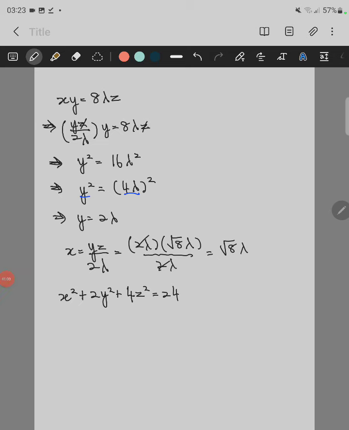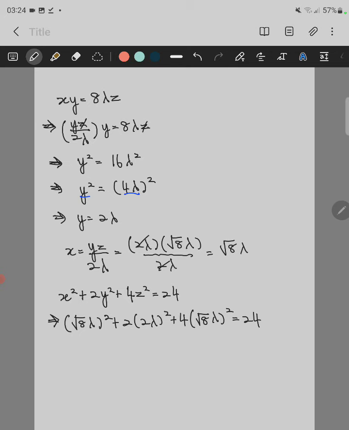From here we just substitute our x. Our x here will be square root of 8 lambda squared, plus 2 lambda squared, plus 4 times z, which is square root of 8 lambda squared, is equal to 24.